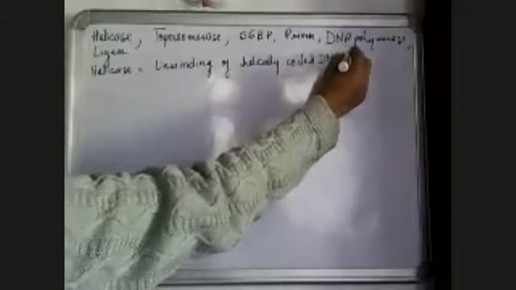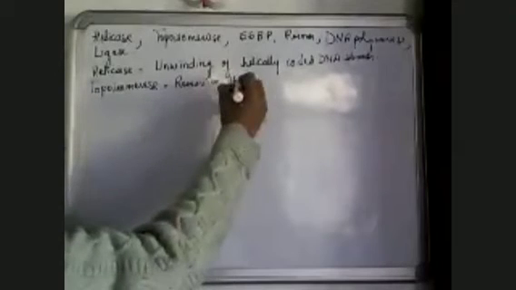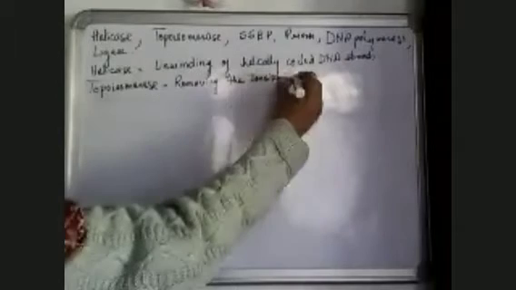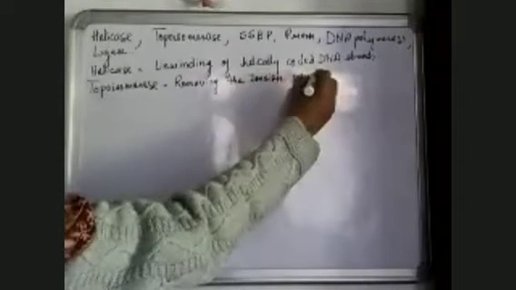Then topoisomerase. This is for removing the tension caused due to unwinding.